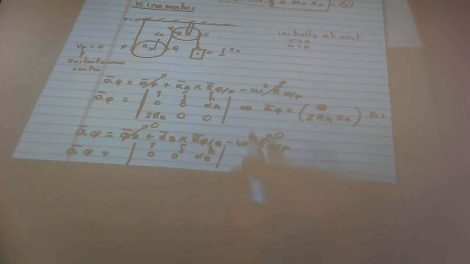Alpha sub B. What is the position of Q with respect to B? Minus R sub B, 0, 0. So A of Q will be equal to 0, minus R sub B alpha B. Okay, I'm going to be faster because I want to finish. Hopefully we can finish.